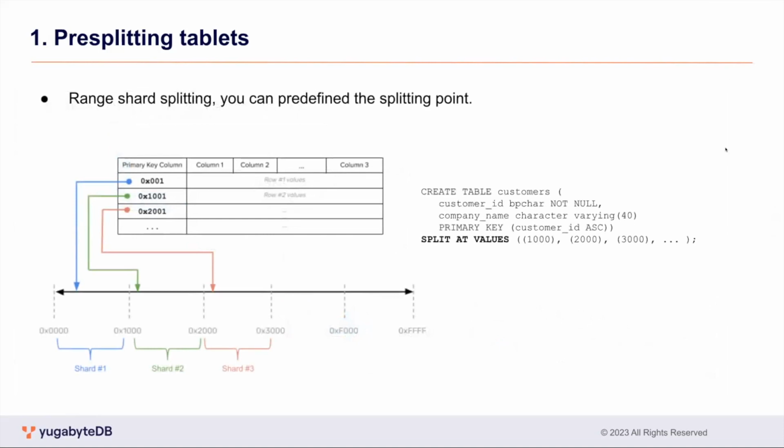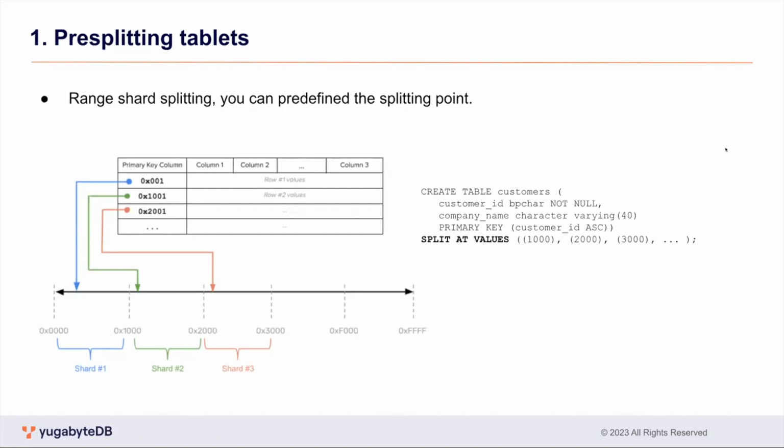For the range shard, it's a bit different. Basically, we don't use a hash function. We just use the value. So for example, if the primary key value is 1, then it will be there. And again, with pre-splitting, you say, I want to split at 1,000, 2,000, 3,000, 4,000.